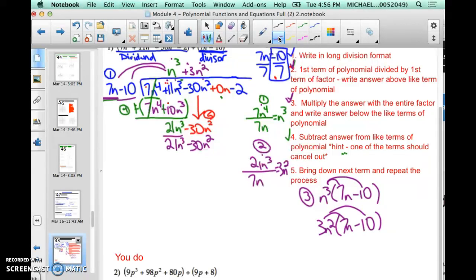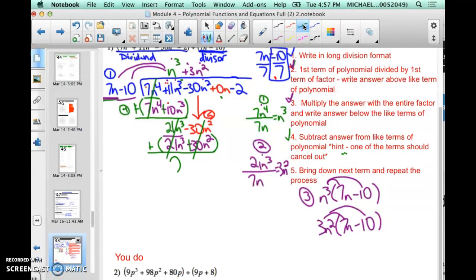All right? Now step 4 says to subtract. And remember, whatever I subtract, I have to put in parentheses. So now 21n cubed minus 21n cubed, those cancel out. Negative 30 minus a negative 30, it turns into plus. Negative 30 plus 30, those cancel out as well.